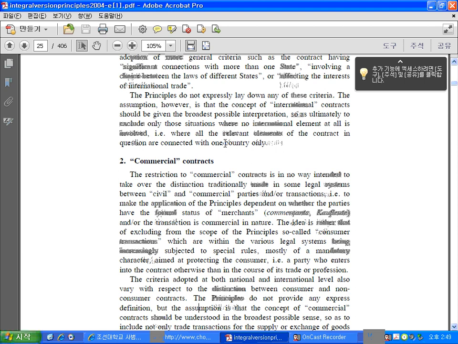You may have that kind of distinction between civil and commercial. So the element of merchant or the intent of parties to seek a commercial interest and some other attributes are offered to distinguish between civil and commercial.